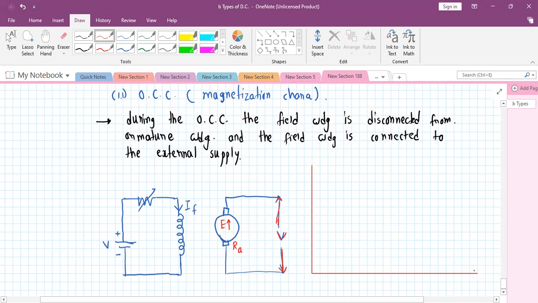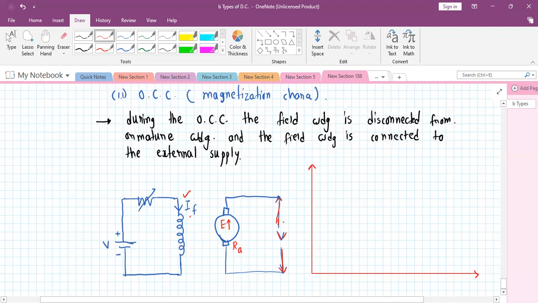To draw the open circuit characteristics, on the x-axis we are changing the field current, this component, and we see what effect occurs on the terminal voltage. As it is no load, we give it the name E0, no load EMF.